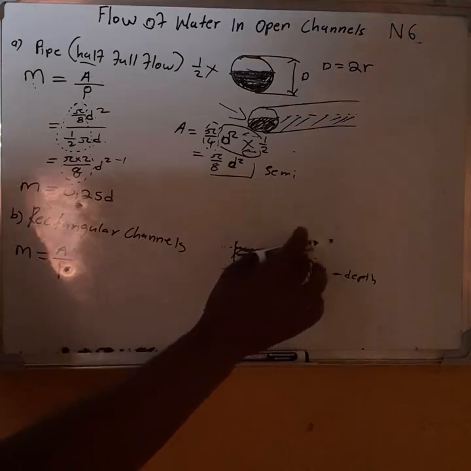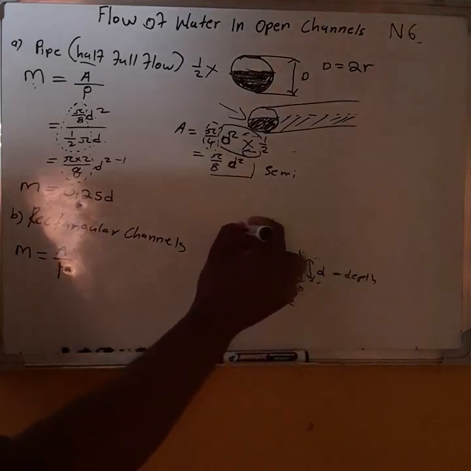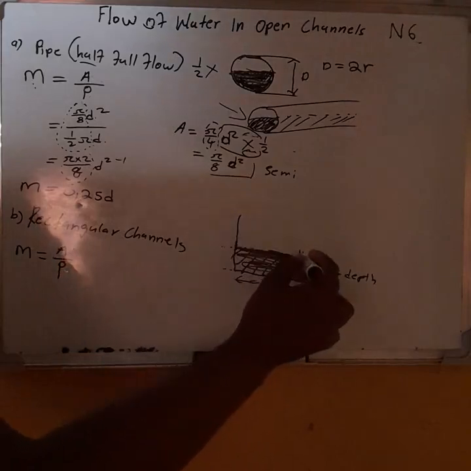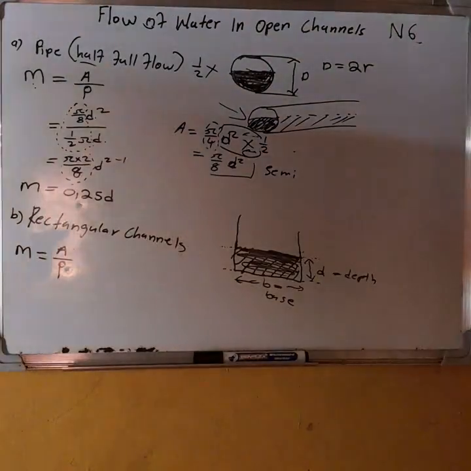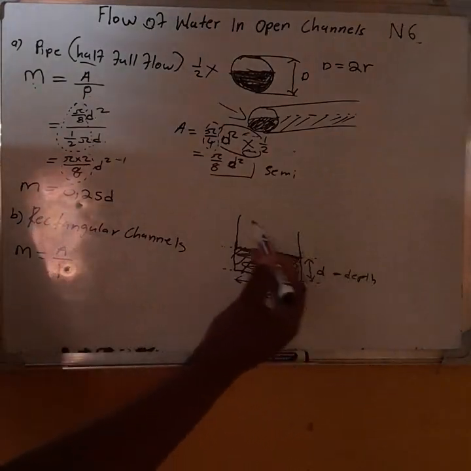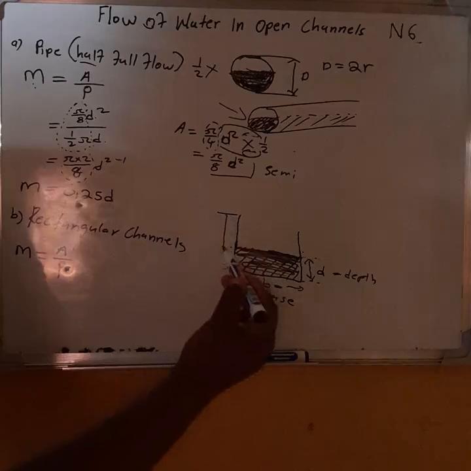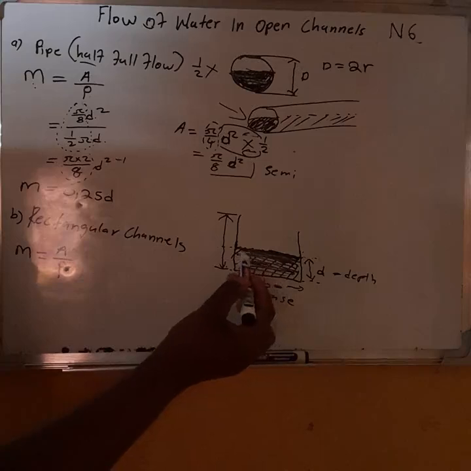Let me extend this so that you'll understand, in case they trick you. Depth does not start here. This will be wrong. We consider where water ends and where water starts.